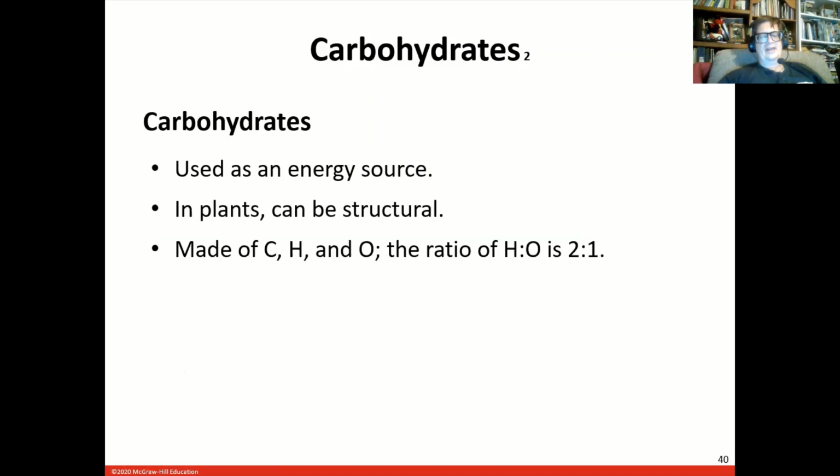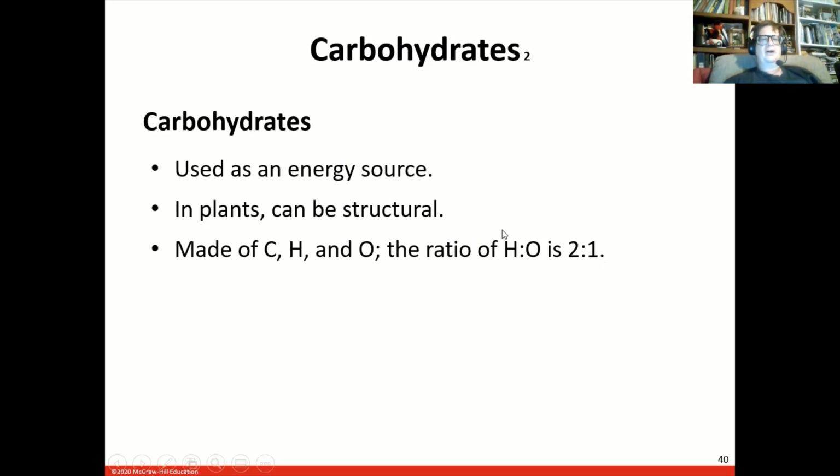Yeah, I'm sure what they meant to say is twice as much hydrogen as you do carbon, because they're long chains of carbon, and each carbon has a hydrogen on each side most of the time. So that's a description of the middle of the chain. But yeah, this slide says the ratio of hydrogen to oxygen is 2:1. They're probably talking carbon to hydrogen. I'm sorry, hydrogen to carbon.